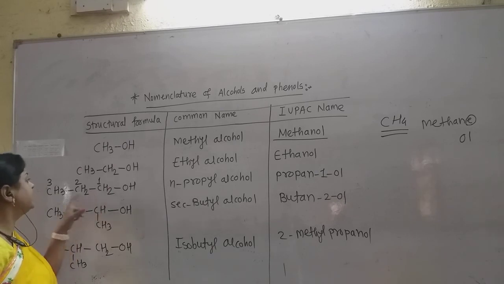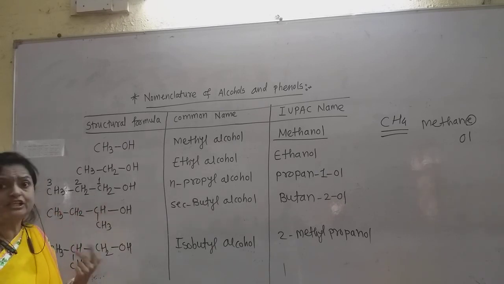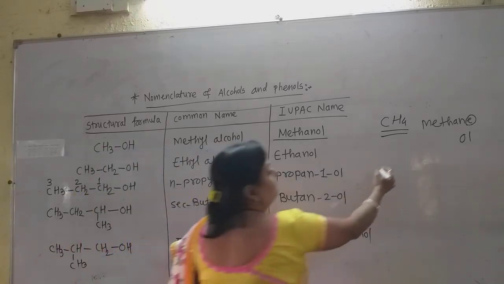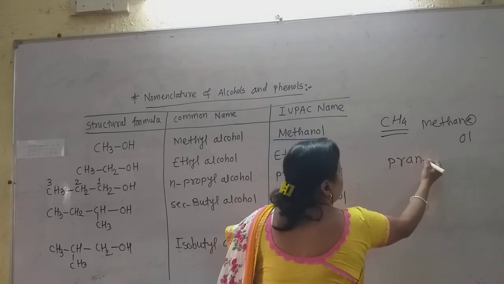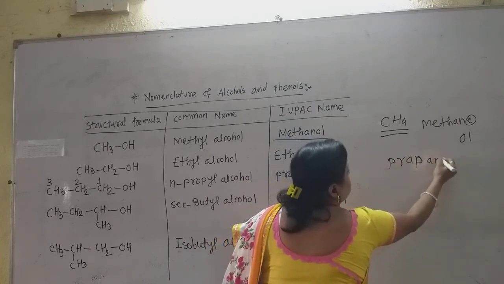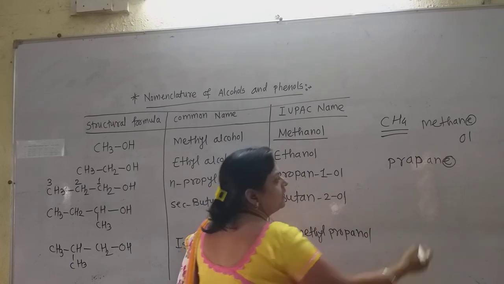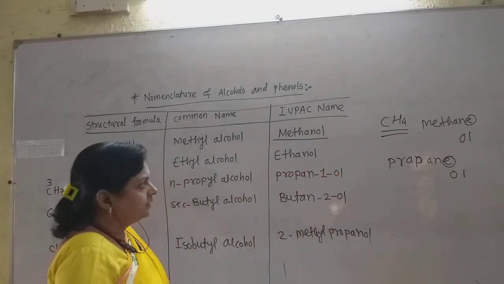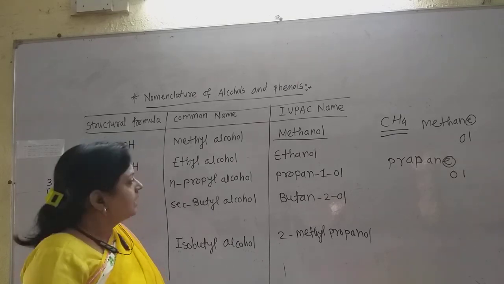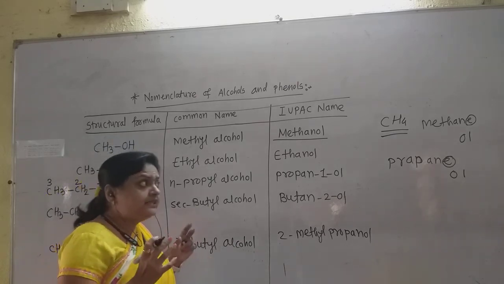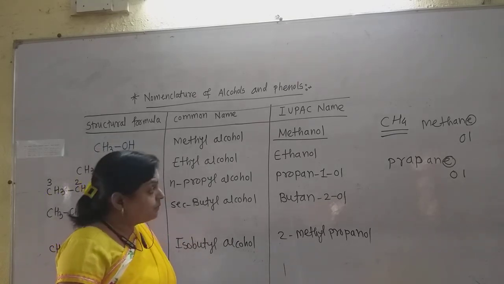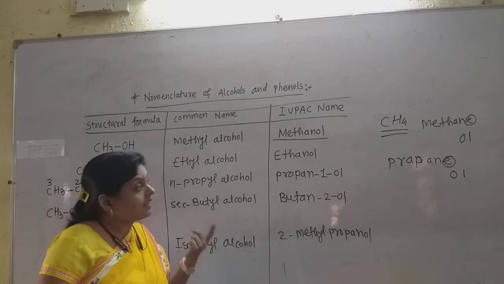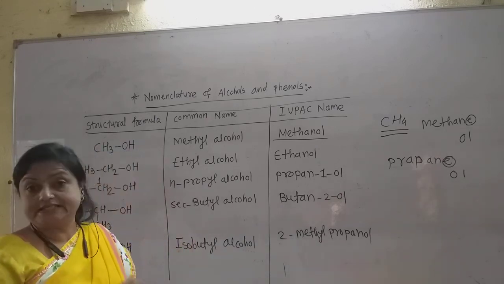Now there are 3 carbon atoms, so the parent alkane is propane. So replace the E of propane by OL, and after the propane name, first write the number at which the OH group is attached.